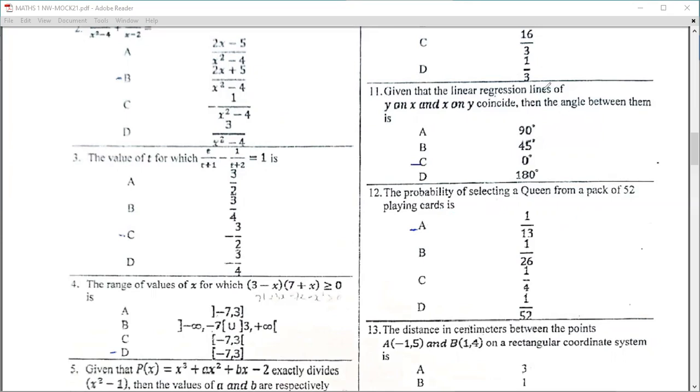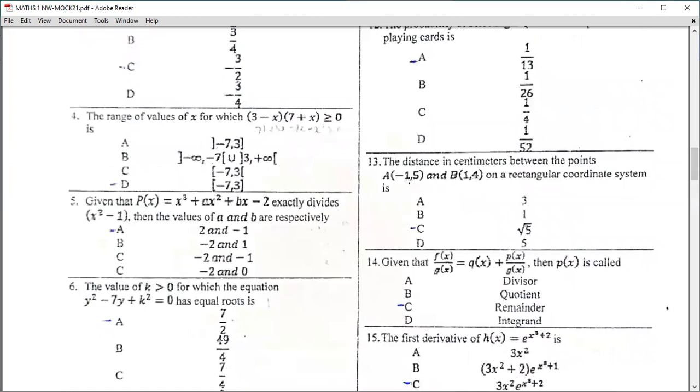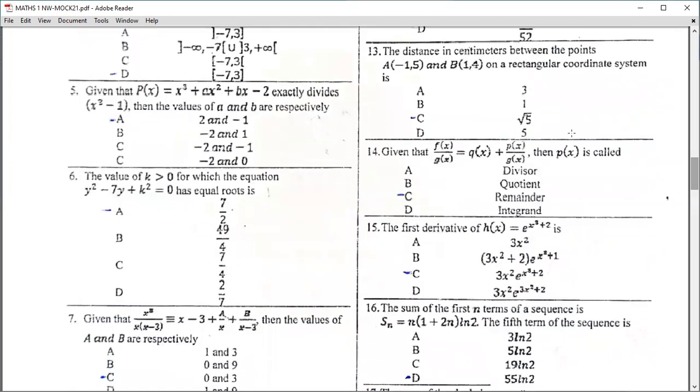Question number 13. The distance in centimeters between this point and this point on a rectangular coordinate system is, of course, you know the formula, right? So the formula to find the distance between these points should just be equal to, you can do it directly, the square root of the first element that we have here.